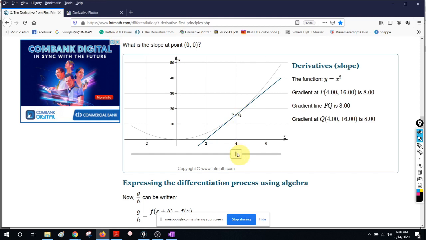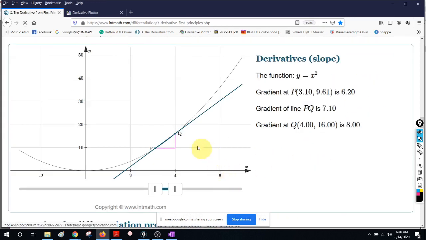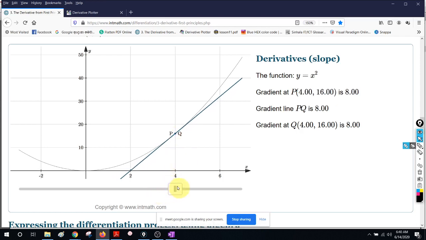But what we can do is, I will do something like this. So I will just zoom in, right? So I am interested in point 4, x value 4. So that means I am really interested in finding this tangent value, the gradient of this line. But rather than finding that, I am going to keep this P value here.